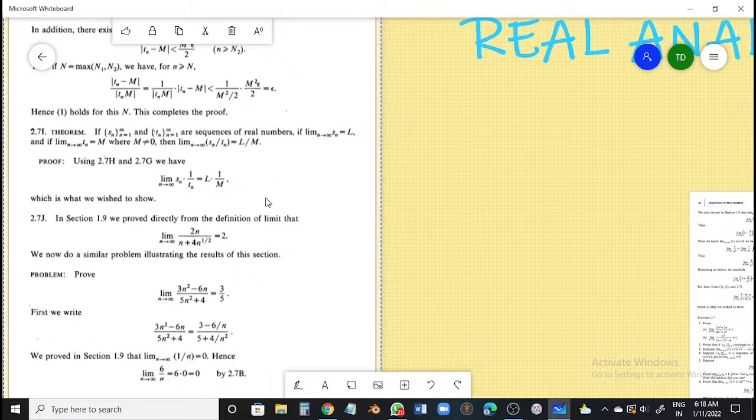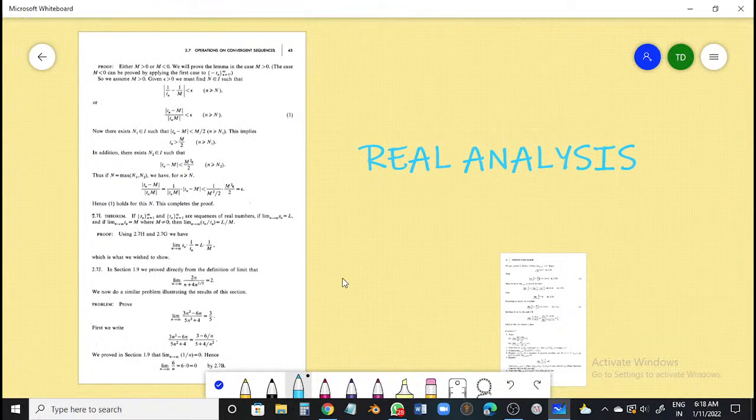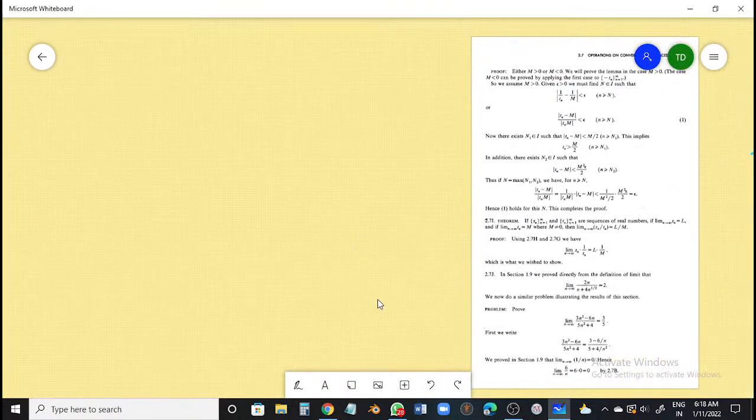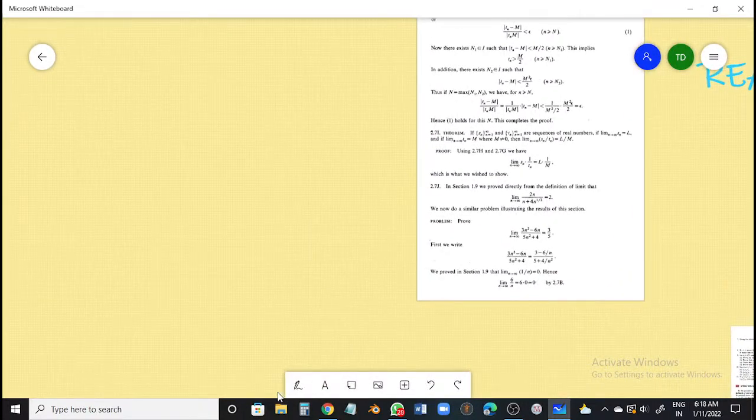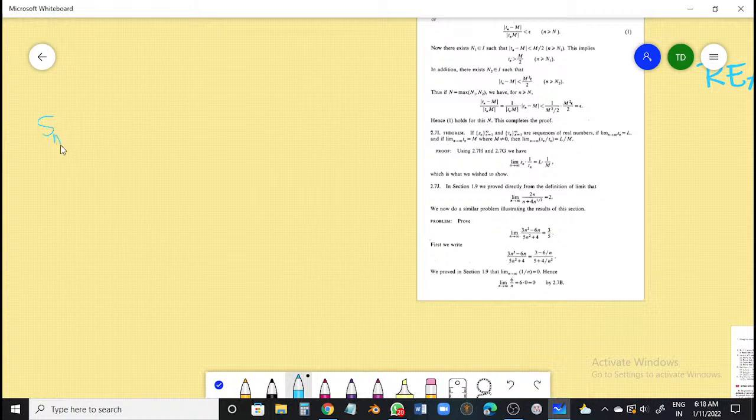Now to achieve this, instead of dealing with Sn upon Tn as a quotient, we take the product of two sequences, because we have already dealt with the product and even the reciprocal. So let us take the reciprocal.